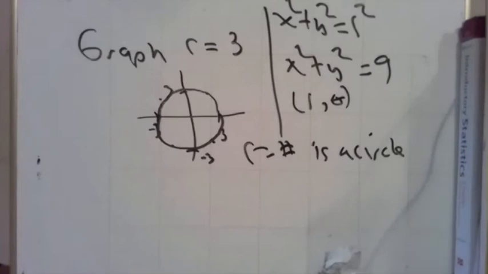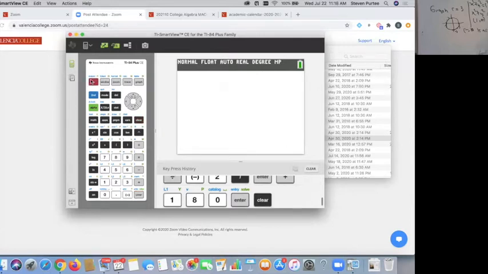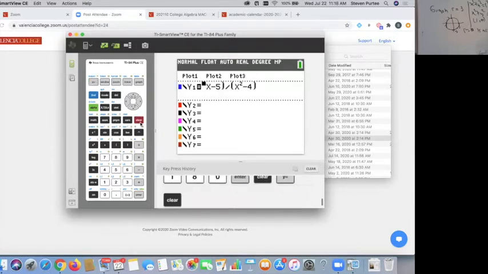On your graphing calculator, you have the ability to graph polar functions. So you could type this in and look at it. Here, I'll show you how to do it. Up here in y equals, clear everything out.